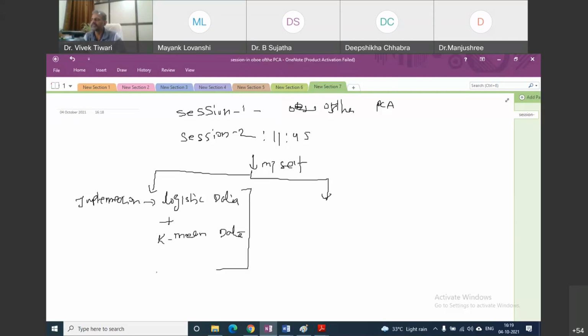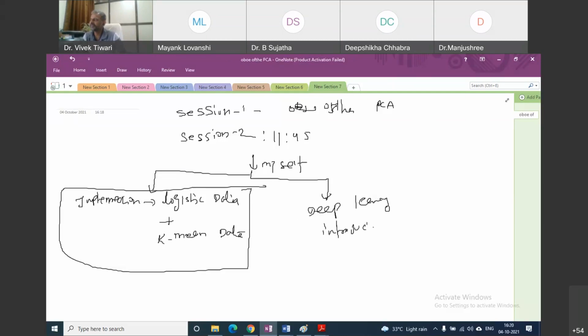I have one way to cover that part in tomorrow's second session, or I should introduce deep learning. It may be only an introduction. So what do you want, please? Maybe logistic regression with the data I will try to demonstrate, and k-means with the implementation.